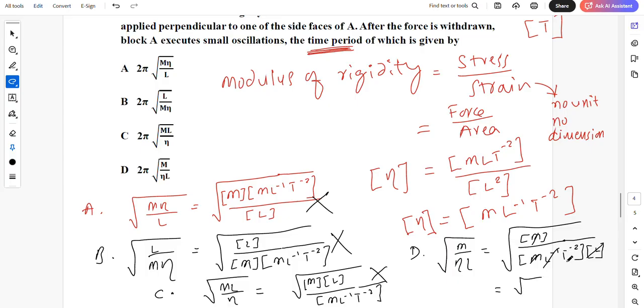Square root of T to the power of 2, that is equal to what? The dimension T, that is T itself. Therefore, the dimension of the time period is T. D is the right option.